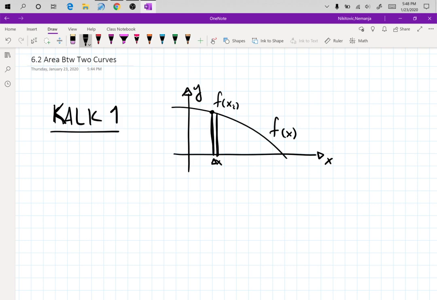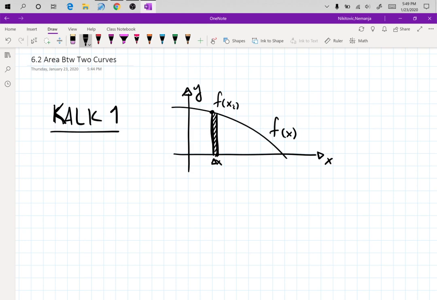So you have delta x, which is the width, and f of xi at whatever the location as the height, and when you multiply those two numbers, you get the area of this representative rectangle.